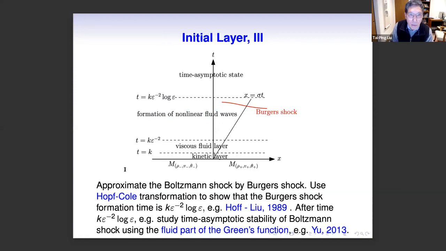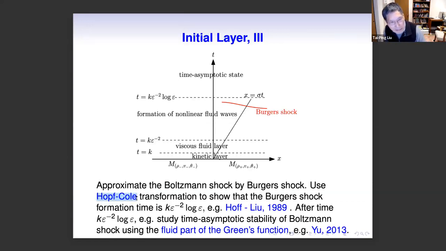First, one approximates the Boltzmann equation by Navier-Stokes in this case, and then approximates the Navier-Stokes by Burgers equation. That was my earlier work in the 1980s. And David Hoff and I looked at Navier-Stokes shock formation, and I realized that one needs to use this Hopf-Cole transformation.